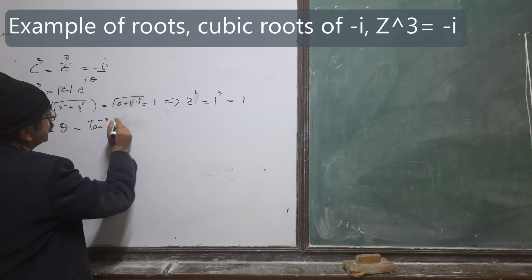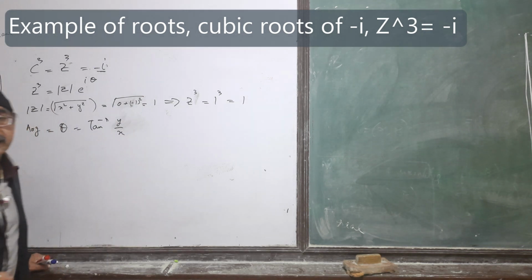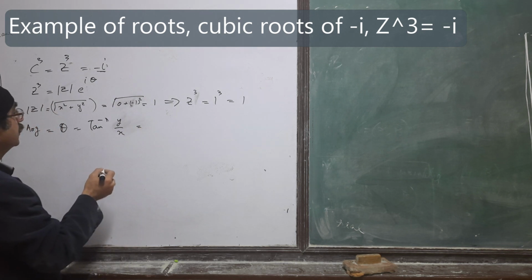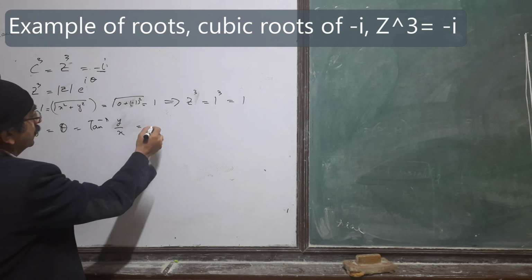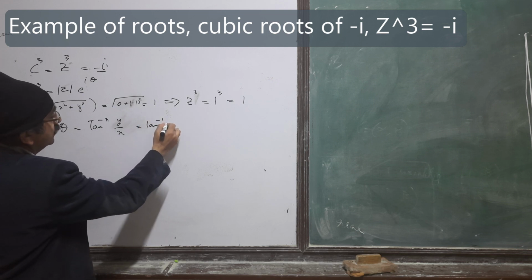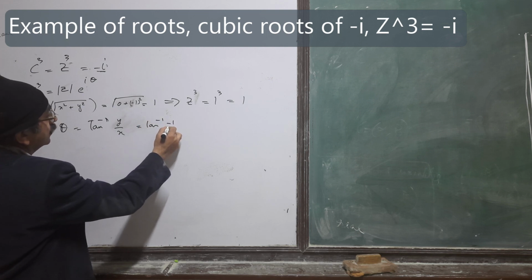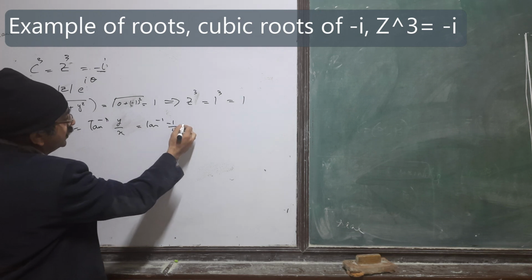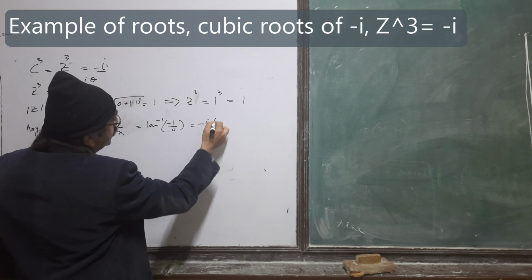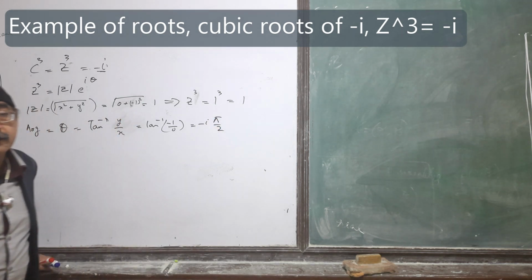Y over x, yes, y over x, okay, and this will be minus 1 over 0, infinity. Yes, you are right, that is infinity, that is minus iota pi by 2.